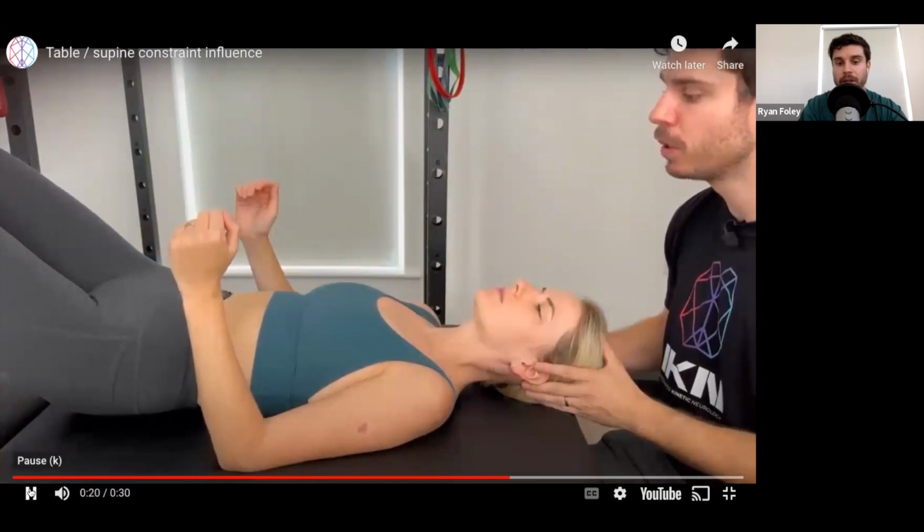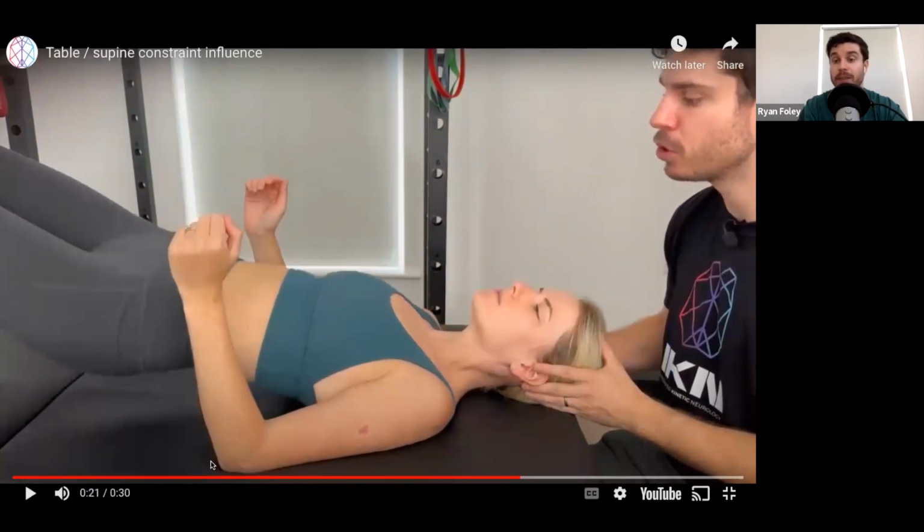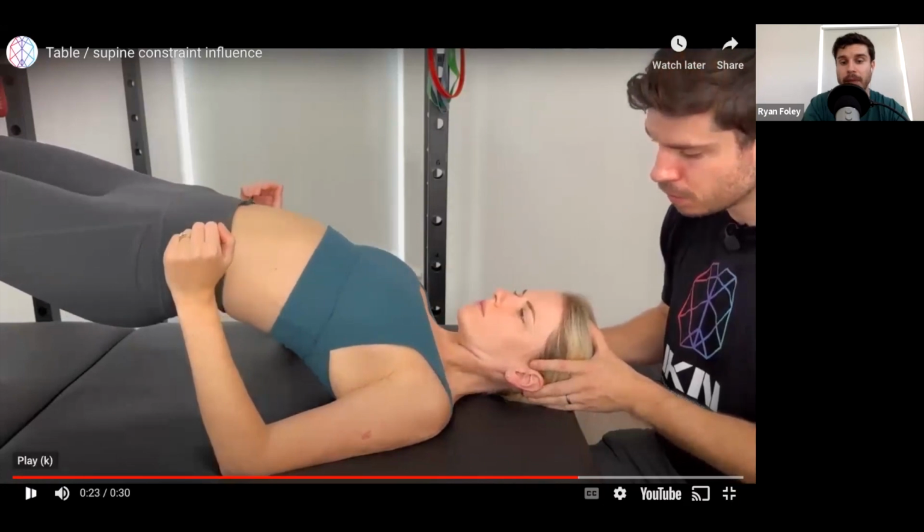Okay. If a client really struggles to extend the thoracic spine, then sometimes we can bridge the pelvis up, which will bring the thoracic spine into more extension in space, but relative to the head, the thoracic spine is going to be more flexed because it's going to encourage more thoracic flexion and lower cervical flexion, but it still brings the head into a position where it can actually flex more. You'll see that here. Okay, but again, you can hold that position there if you wanted to and build tension down into the head, into the table to get some load into the cervical extensors as they're expressing more eccentric, more lengthened behavior.